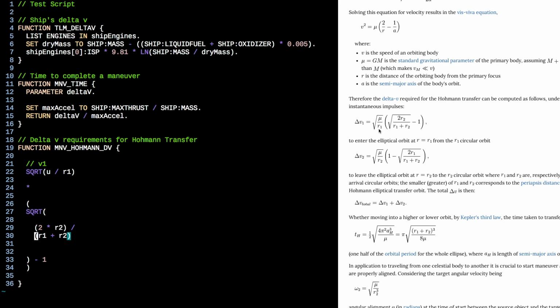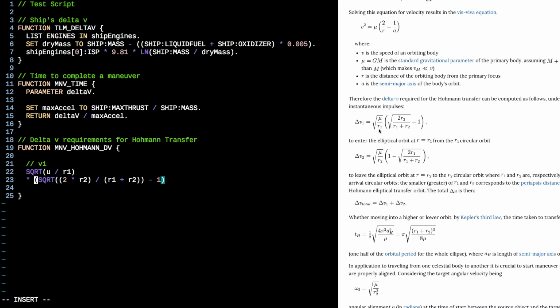And let's remove a bunch of these spaces. Okay, so we've got that minus 1. Oops. There we go. Clean this up. And there we go. Now we've removed all these spaces, and now we should have set v1 to this.